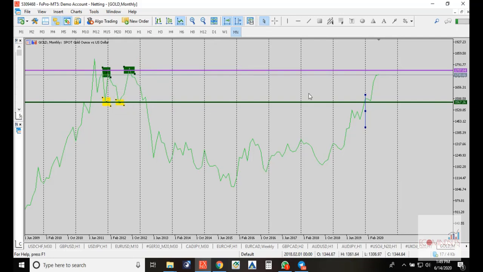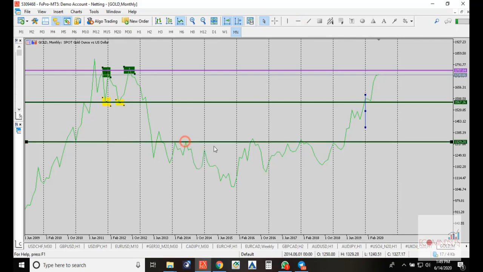All right, so if we look at this, you can see here we have multiple rejections, both above and below. So this is another key area for us. We have a touch here, a touch over here, a touch here, a touch here, and then a touch here, touch number 3.